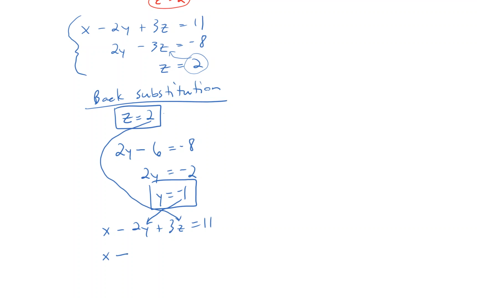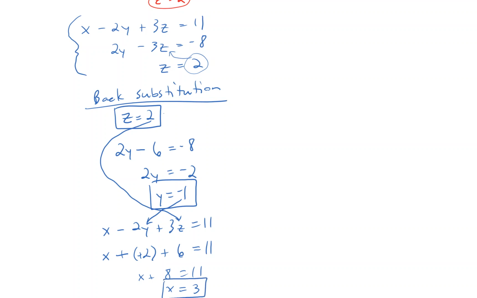So I get x minus 2 times negative 1 is negative 2, plus 3 times z, so 3 times 2 is 6, equals 11. And now I can solve for x. So I've got minus negative 2 is plus positive 2. So I've got x plus 8 equals 11. Subtract 8 and I can see that x equals 3.